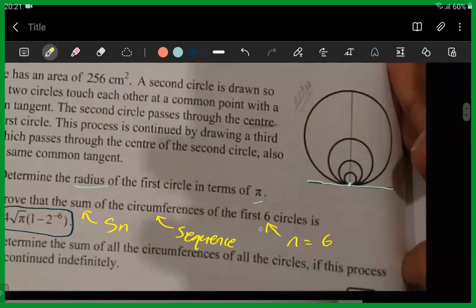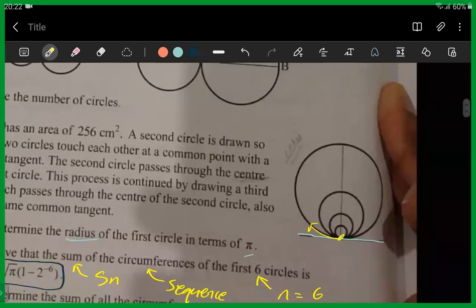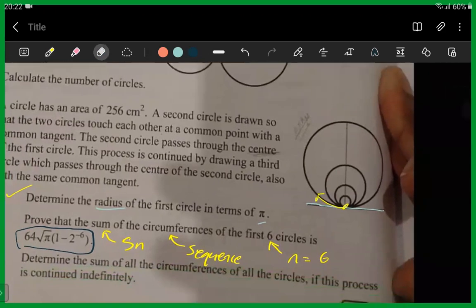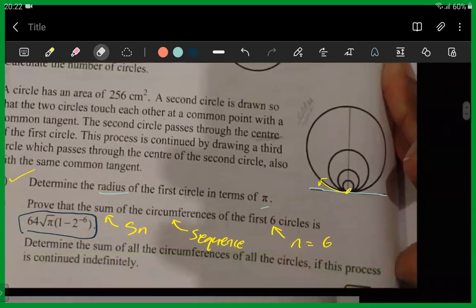The circumference of the first circle, the formula is just 2 pi r, and then the second one is just 2 pi r. Okay, let me not put formulas, it's going to be a bit crazier to look at it that way.